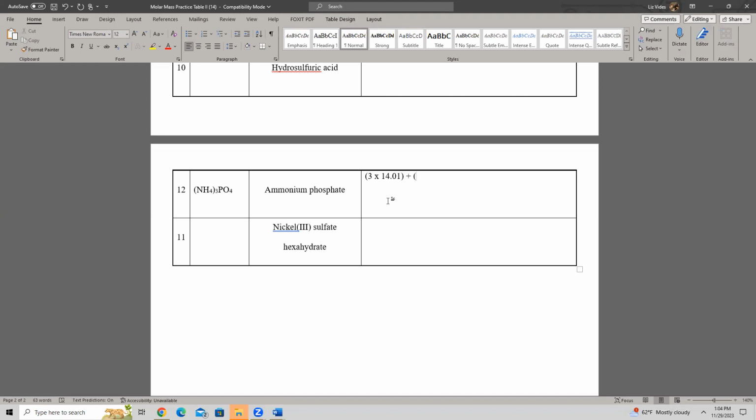I meant hydrogen, sorry. There are 4 times 3, which is 12. See, that's where it is important that you understand that that's multiplying everything that's inside that parentheses. And phosphorus is 30.97, if I'm not mistaken.